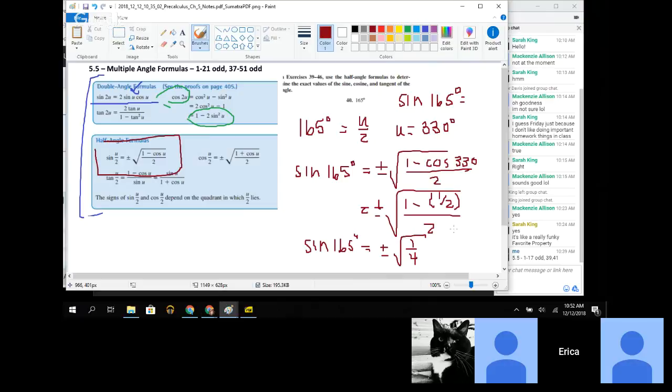It's possible. The cosine, oh, this is negative. Sorry, that's negative. So then you would actually add together. Sorry, this would be wrong. You would do 1 plus 1/2. So it would be 3 over 2 over 2, or the square root of 3 over 4.